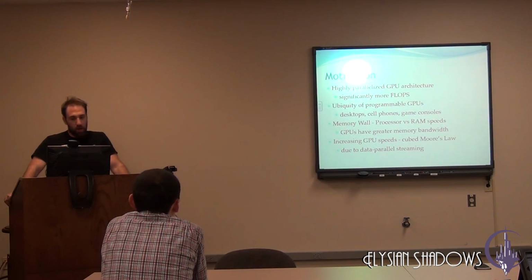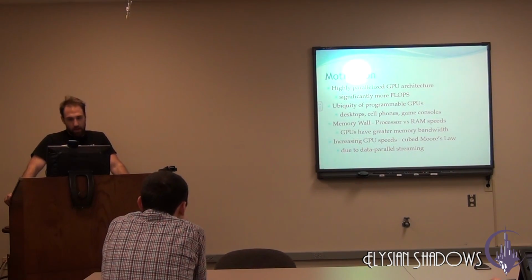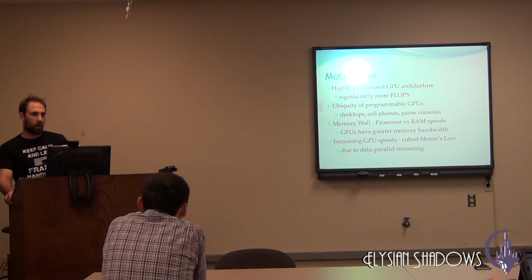Another interesting thing that I actually didn't realize was the memory wall, which you guys know all about, for processor versus RAM speeds, where RAM speeds are not increasing anywhere near the same rate as processor speeds.